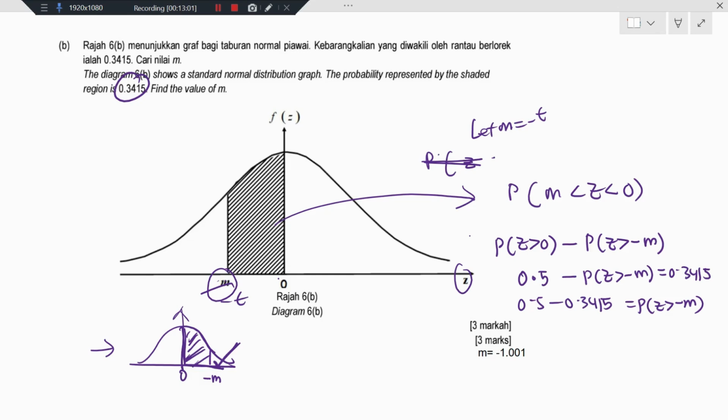0.5 minus 0.3415, I'm getting 0.1585. Let's find out this.